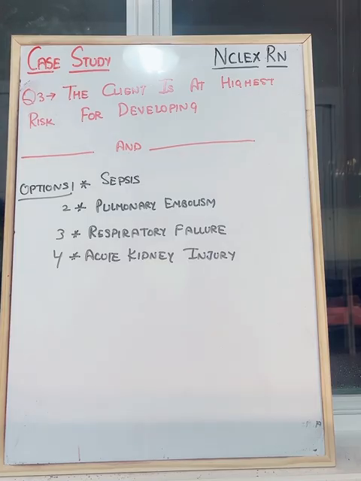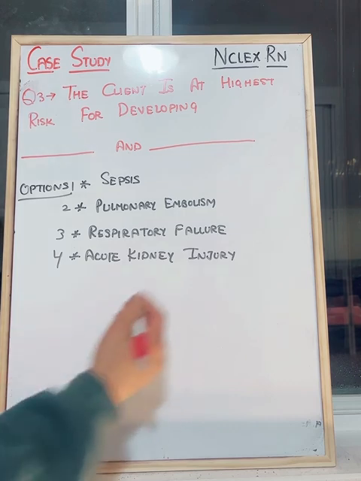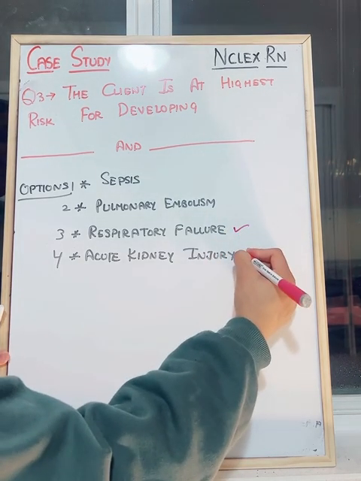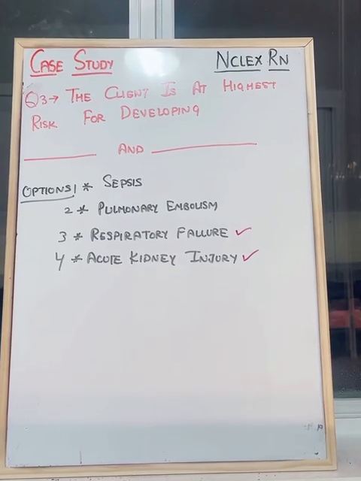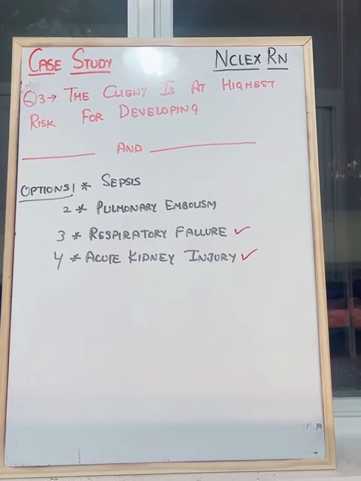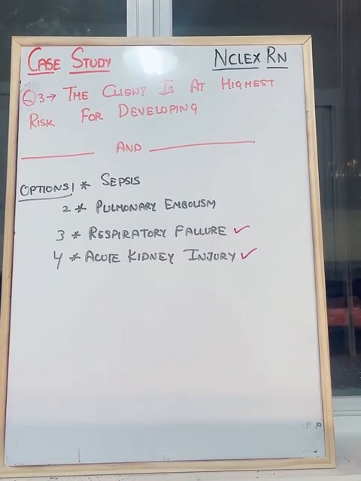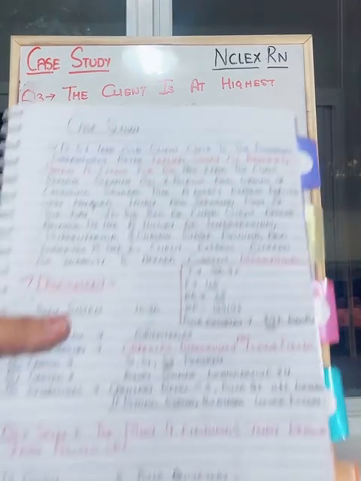So the answer here is number 3 and number 4. I will break it down. Who said sepsis here? I'm going to clear this first. Look at the temperature here.